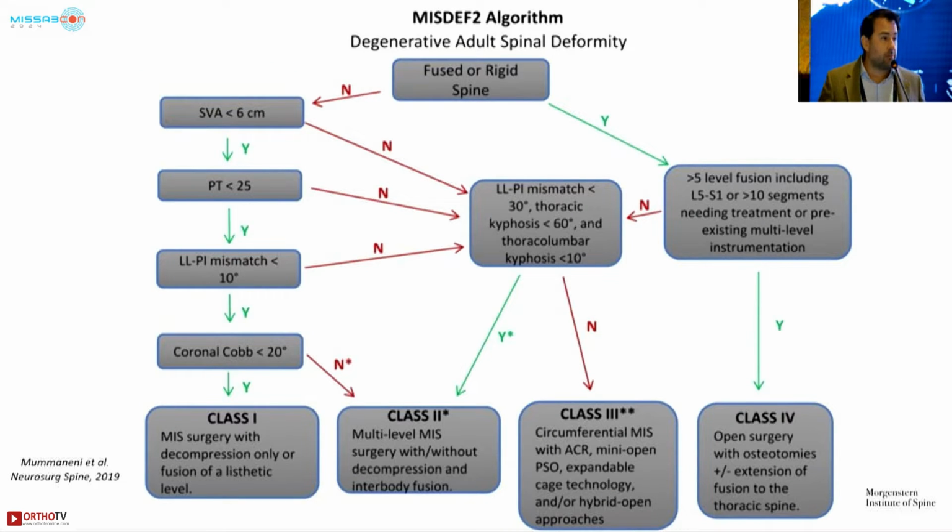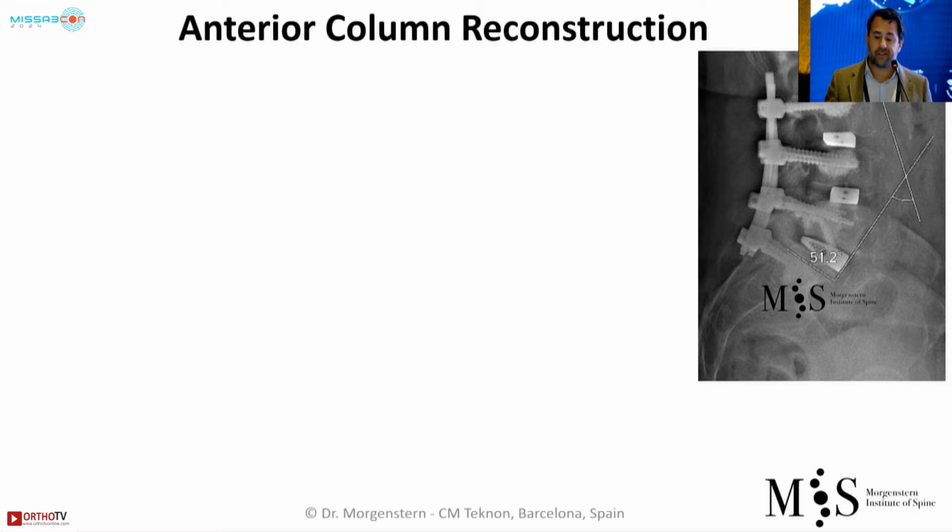There's this algorithm, which I think is a nice approach to classify when you can use MIS techniques and when not. For not too strong deformities, there is the option to do this with MIS. For the strongest deformities, maybe we're not there yet. Probably in 10, 15 years, it will be another story.